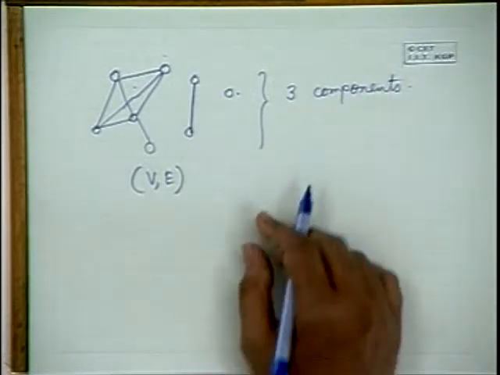Now given a graph, how many components are there in the graph? It's a very basic structural property. How can you determine how many components there are in the graph? We can run our DFS algorithm on the graph. If you remember, in the DFS algorithm the uppermost routine goes over all the vertices in the array.